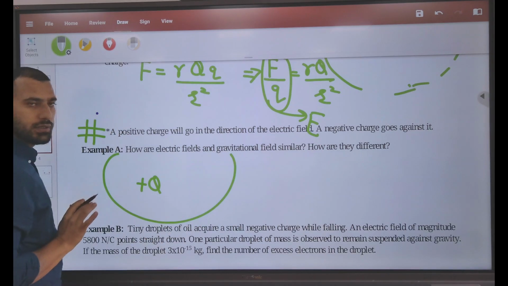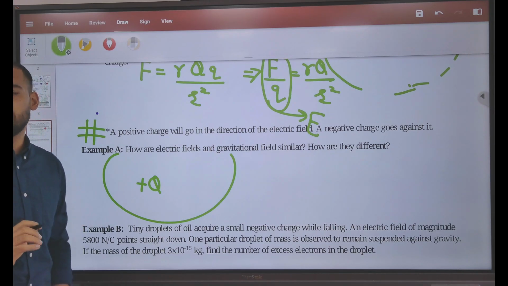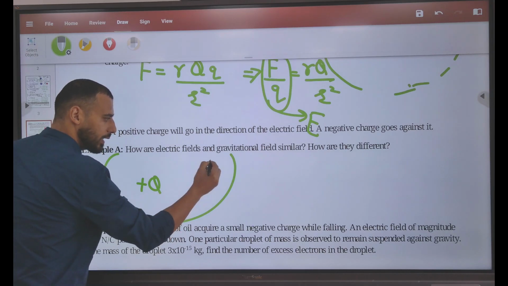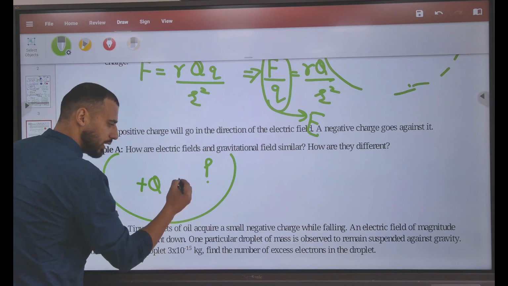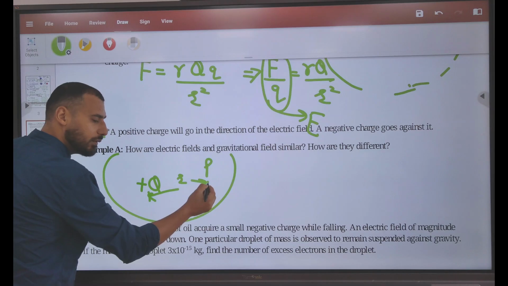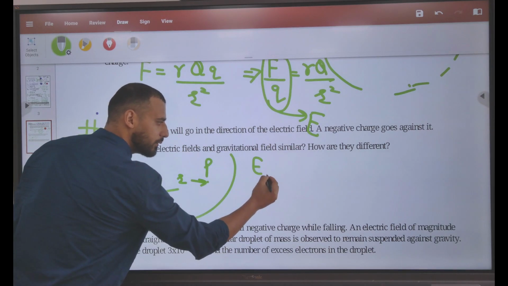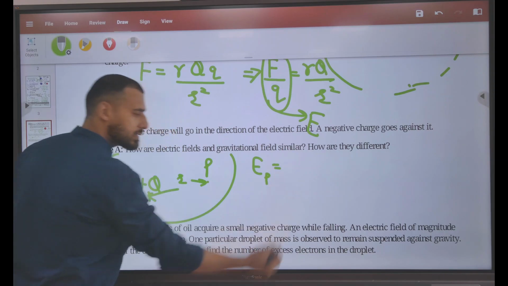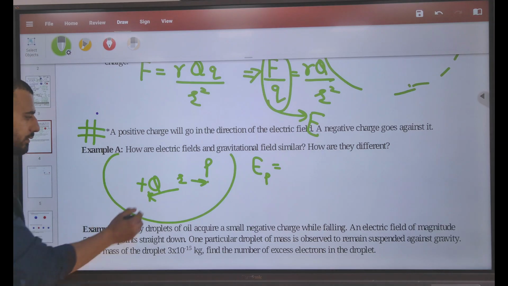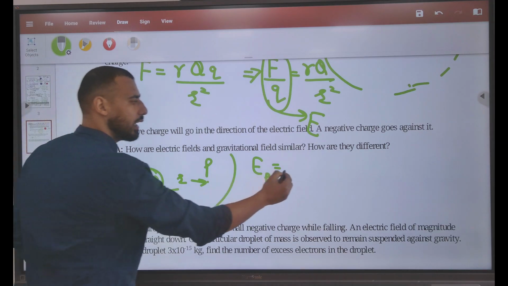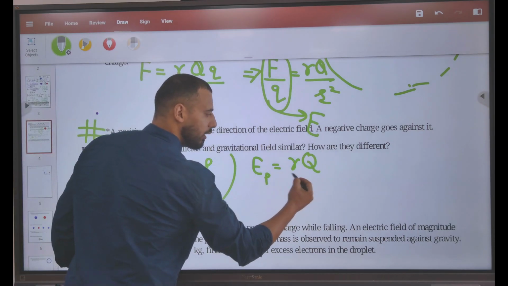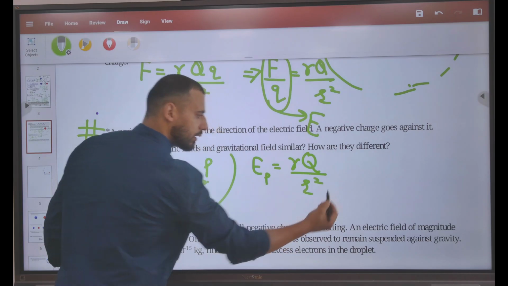In this modified space, if I keep a point P, which is at a distance of R, can you tell me what will be the electric field at point P due to this charge? The expression will be gamma capital Q upon R square, isn't it?